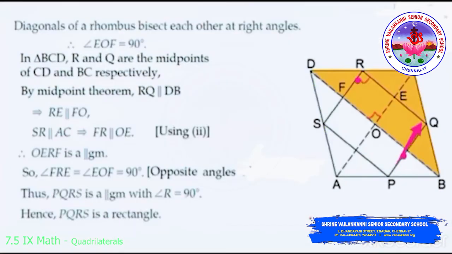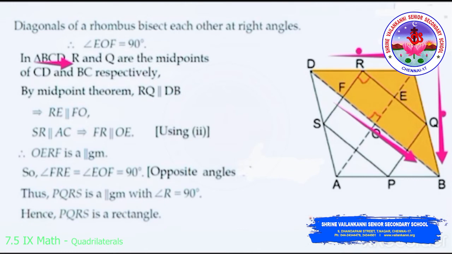Now we want to prove PQRS is a rectangle. We need to prove that one of the angles must be 90 degrees. Since we know that the diagonals of a rhombus bisect each other at right angles, AC and BD bisect each other at 90 degrees at their midpoint. Let us consider triangle BCD.